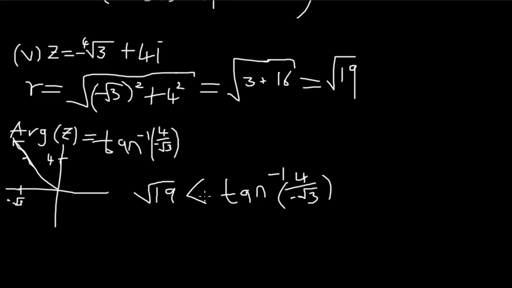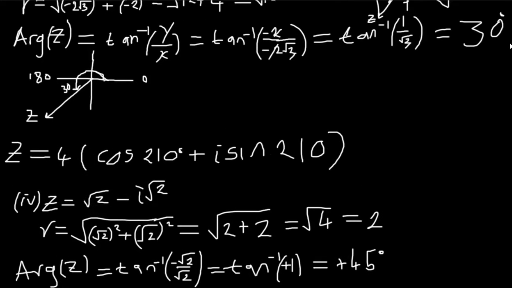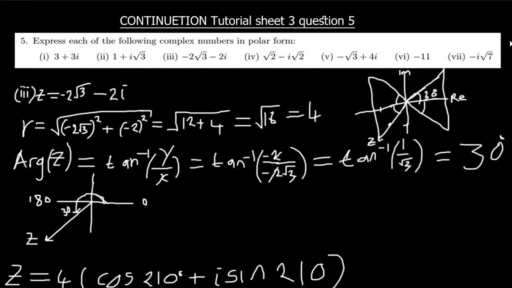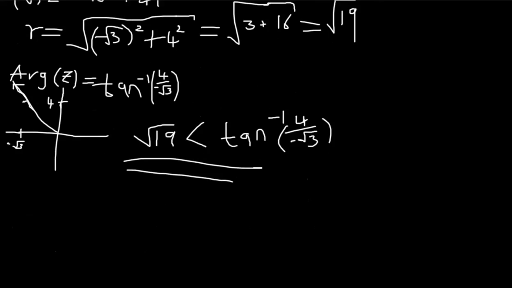Okay, let's move on to question 6. So question 6 is just negative 11. The complex number for question 6 is z equals negative 11 plus 0i.